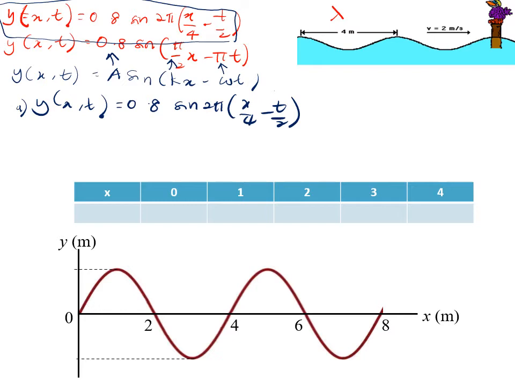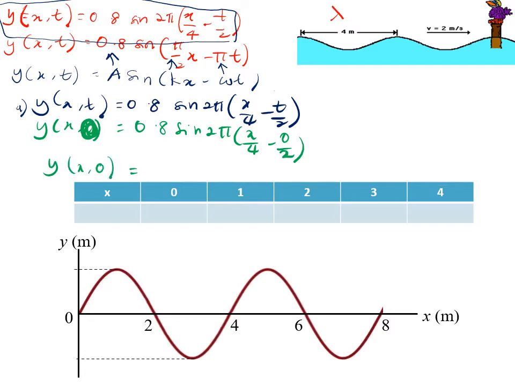Substituting t equal to 0, meaning 0 over 2, you will get 0.8 sine pi over 2 x.